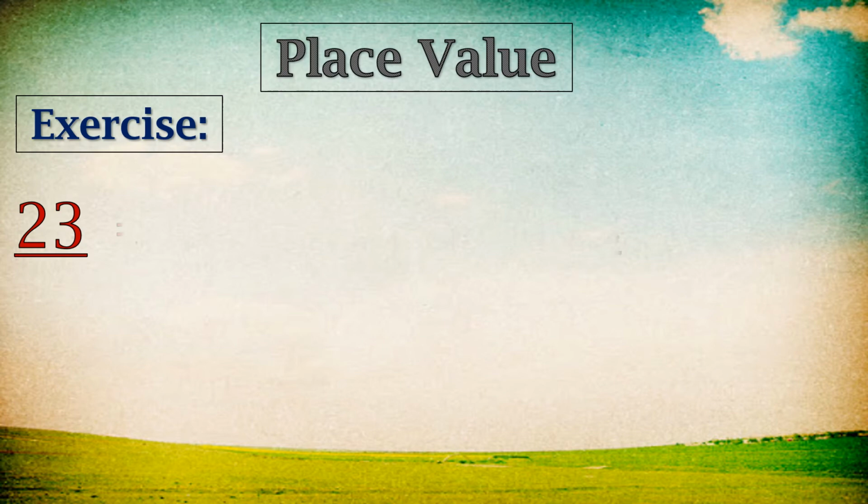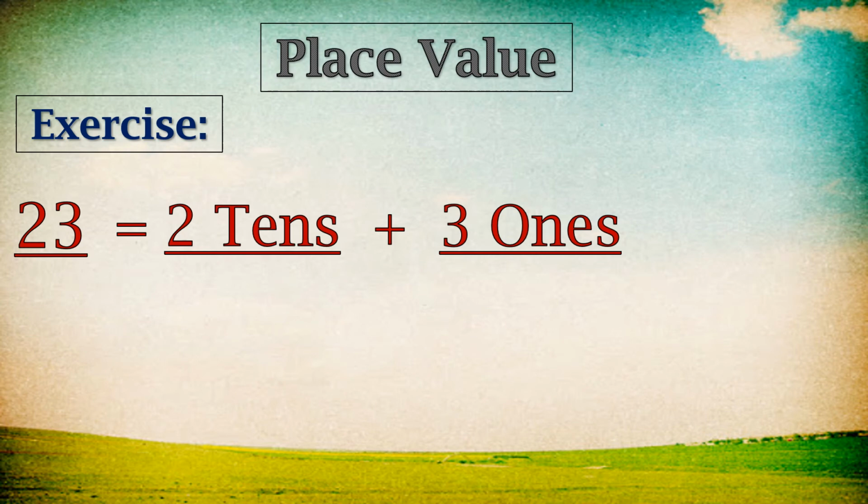Now, I'm going to show you. Look at the screen. The place value of 2 is tens. And number 3 is ones. Again, kids, you have to remember, what is the place value of 2? Good job, tens. And what is the place value of 3?